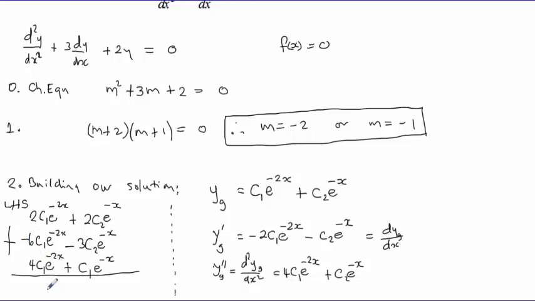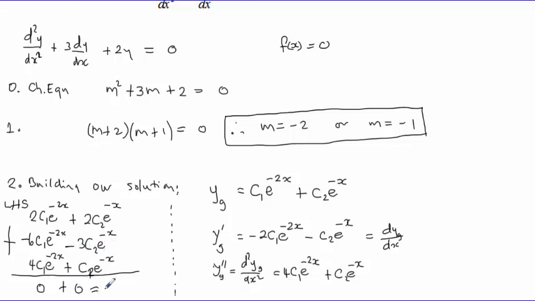On this side we've got 2c2 minus 3c2 plus c2, which gives us 0.